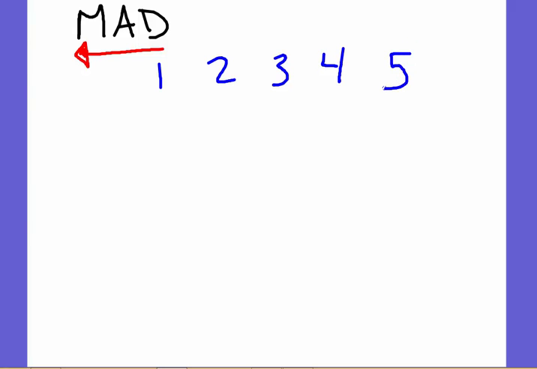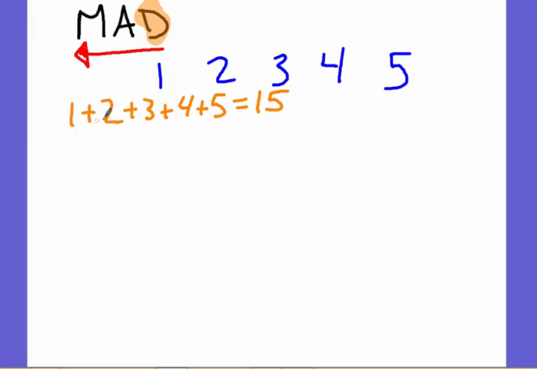So what I do first is I have to find the deviations. In order for me to find the deviations, I have to find the mean of my numbers first. So I add all my numbers up: 1 plus 2 plus 3 plus 4 plus 5. What's that going to equal? Well, this is 3, 6, 10, 15.